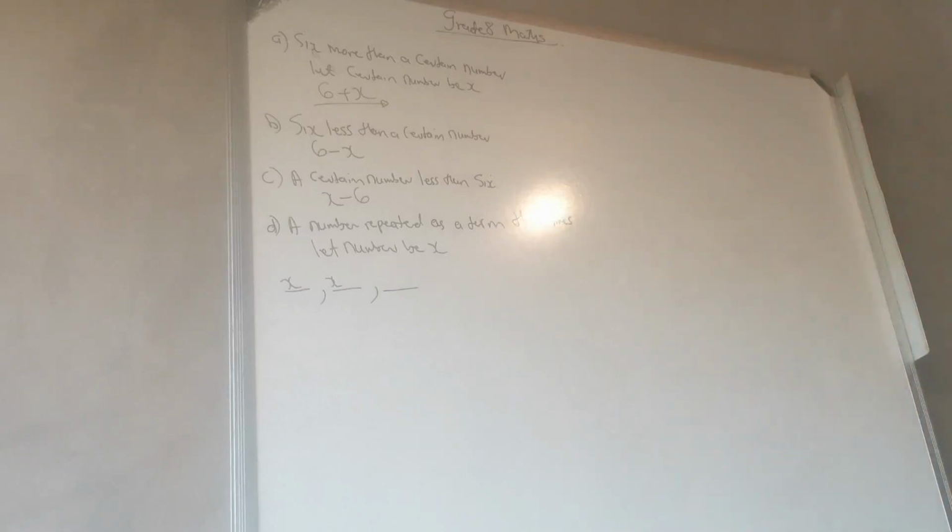A number repeated as a term 3 times. The first x. Okay. The second, x. A number repeated as a term 3 times. Next, you must write that as an algebraic expression. A number repeated as a term 3 times.